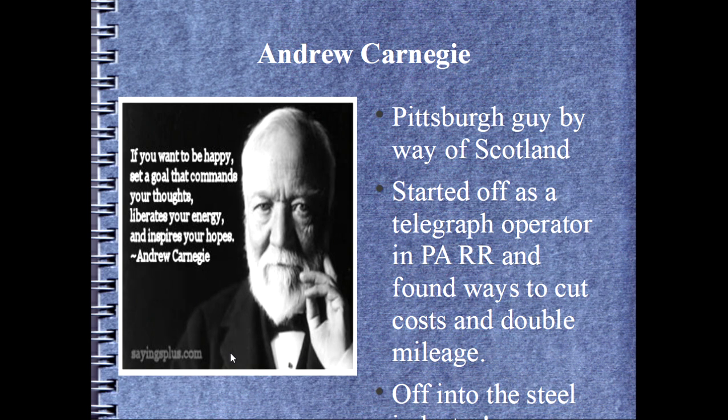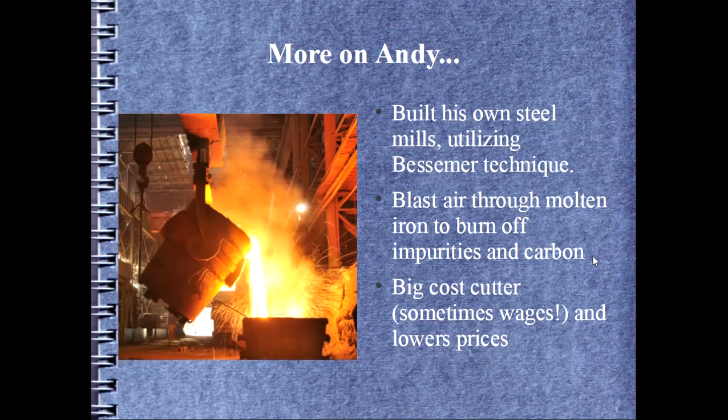He took what he learned in the Pennsylvania railroads and went off into the steel industry. Andrew Carnegie built his own steel mills and utilized the Bessemer technique. The Bessemer technique is this: you blast air through molten iron to burn off impurities and carbon.